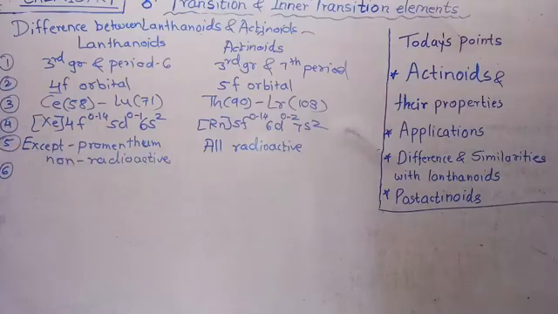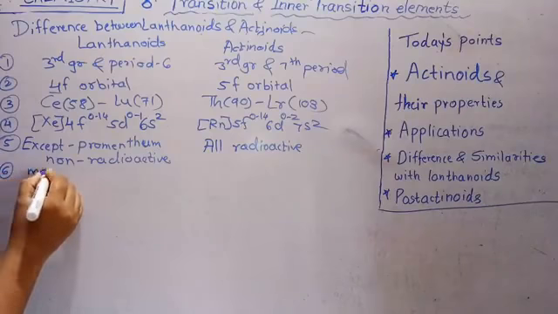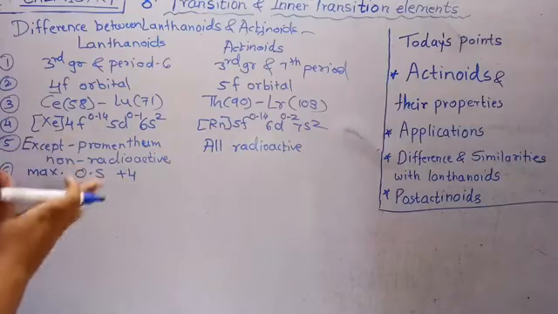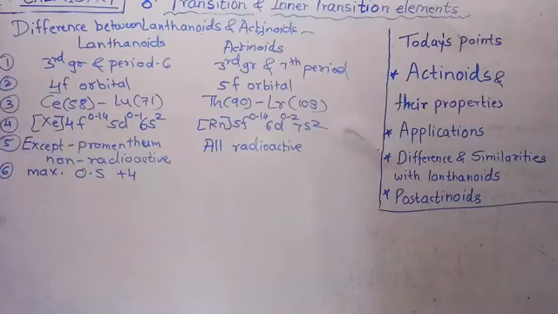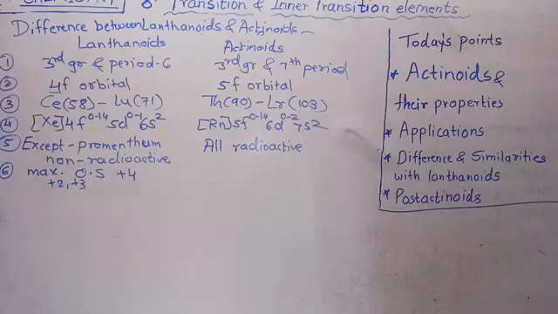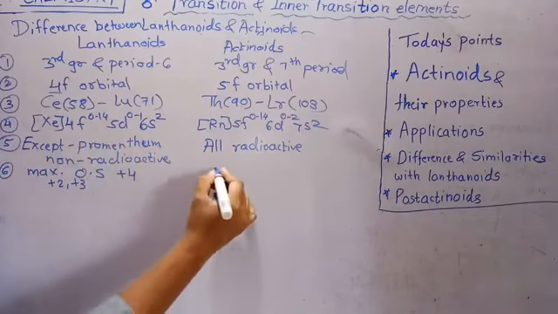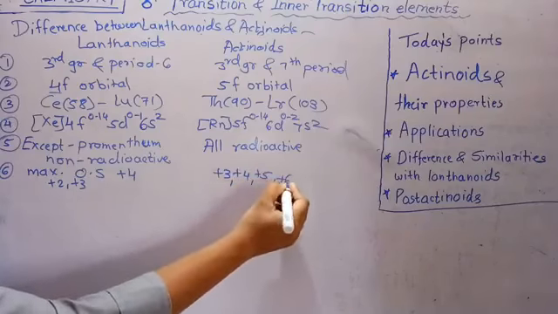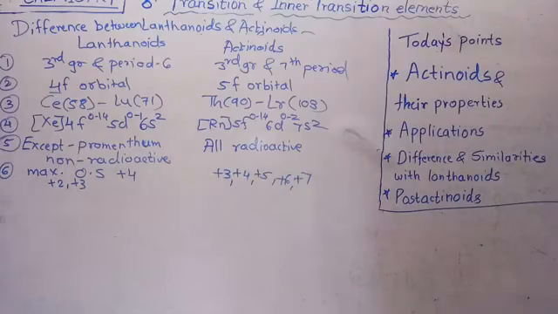Next, the lanthanoids show a maximum oxidation state of +4, or you say limited oxidation states +2, +3 and +4. But the actinoids show variable oxidation states +3, +4, +5, +6 and +7.